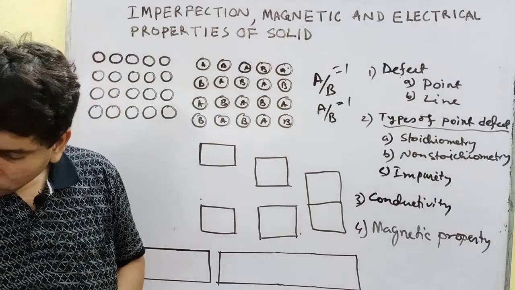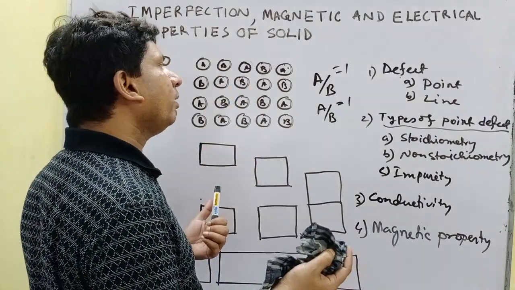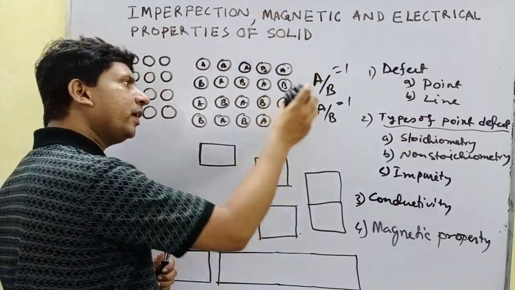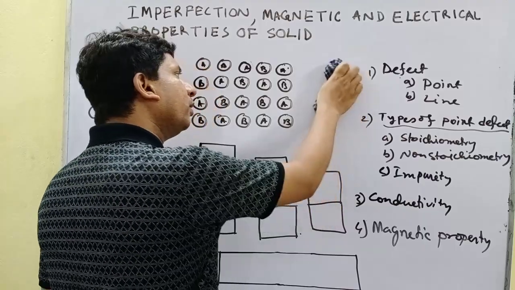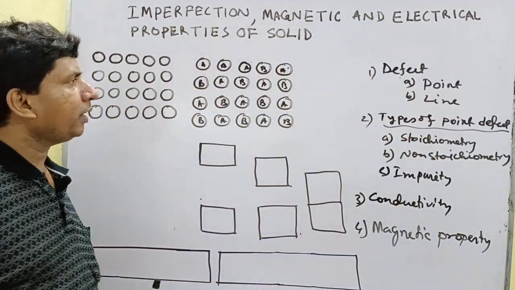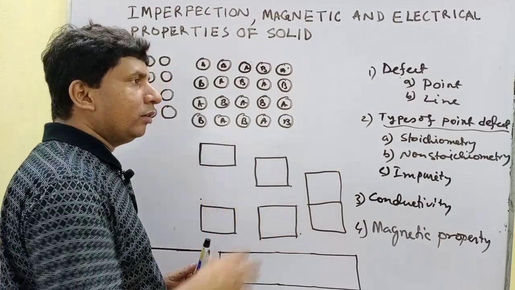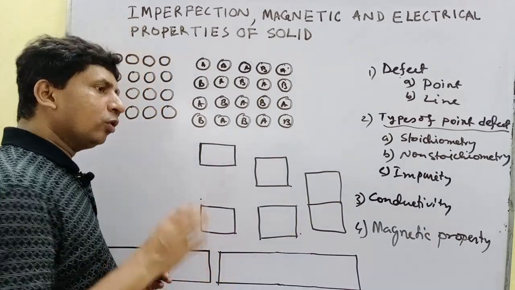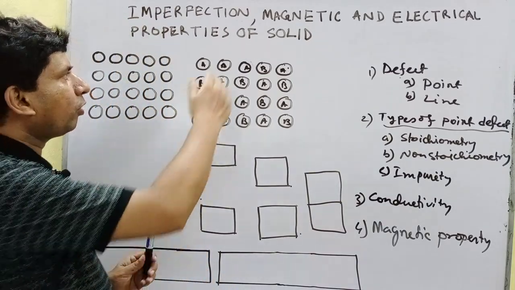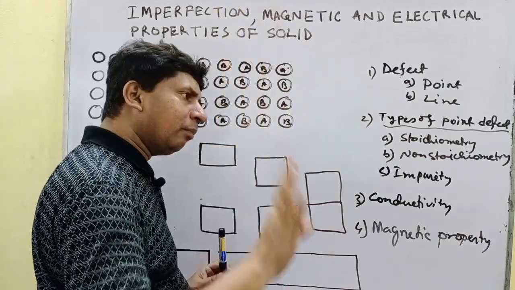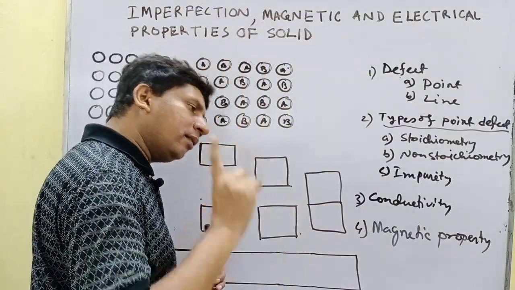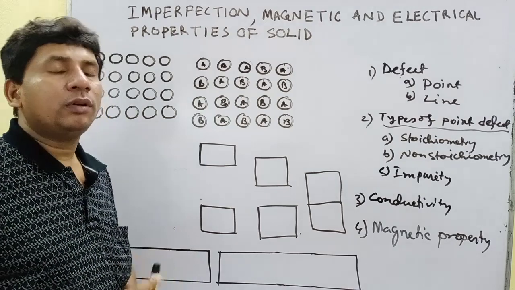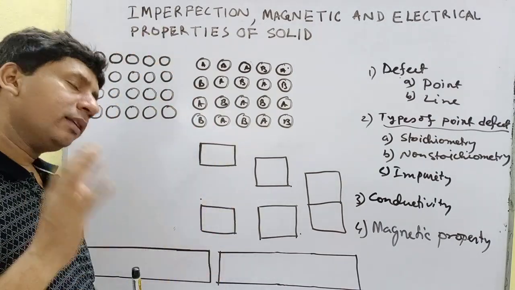If A and B both are missing, then also the stoichiometry remains the same. That means the ratio of the number of atoms of A and the number of atoms of B is the same. Though the number decreases, from here A is missing, from here B is missing, the ratio is the same. So the stoichiometry of this crystal remains the same.